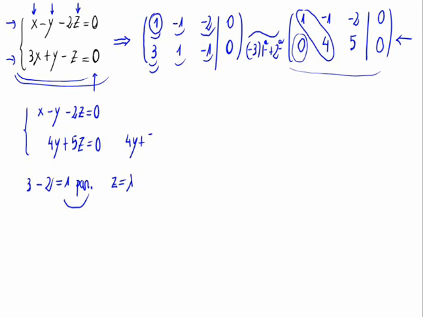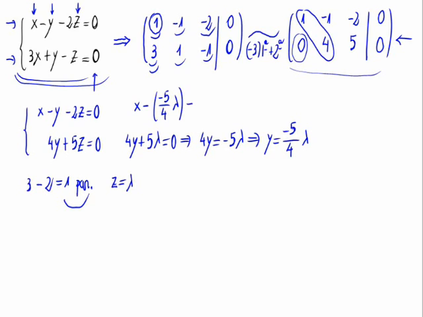The second equation would be 4y plus 5 lambda equal 0, where 4y would be equal minus 5 lambda, and y is equal to minus 5/4 times lambda. And from the first equation, x minus 5/4 times lambda minus 2 lambda equal 0.